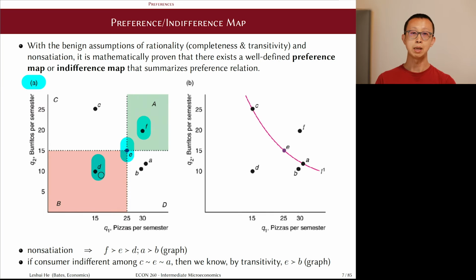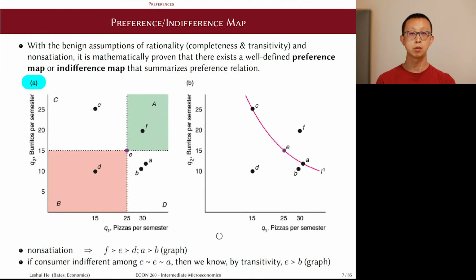So although I may be more of a pizza person who values consumption of pizza more than burritos, whereas you might be more of a burrito person, we would both prefer E over D and F over E, as long as our preferences both satisfy non-satiation. This illustration shows us that non-satiation alone gets us quite a bit of traction in comparing different bundles that are available to consumers.